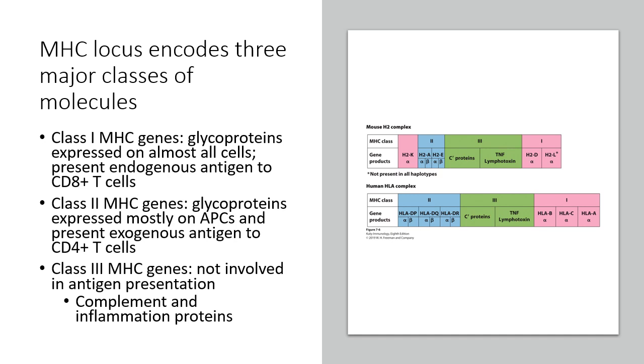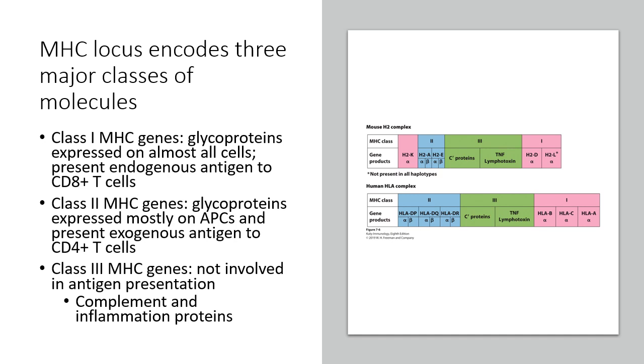So, class 1 MHC, this protein is actually a glycoprotein, which means it has sugars attached to it. It's expressed on pretty much all of your cells, and it presents endogenous or internal antigens to CD8 positive T cells. Are you getting this connection between CD8 and MHC1 and CD4 and MHC2?